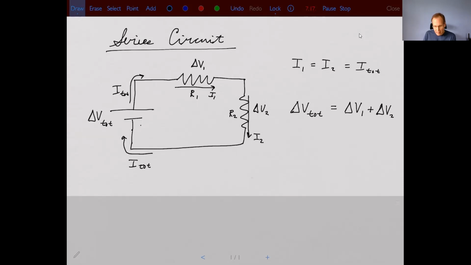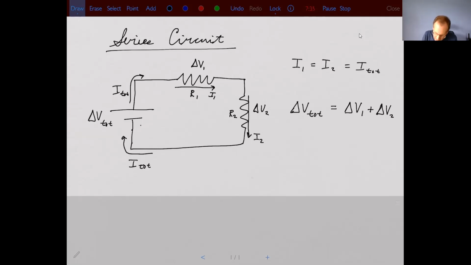Or another way of saying this, if we call the voltage gain across the battery positive and the voltage drop across the two resistors negative, we can say that if we sum all the voltages in any loop around that circuit, it has to sum to 0.